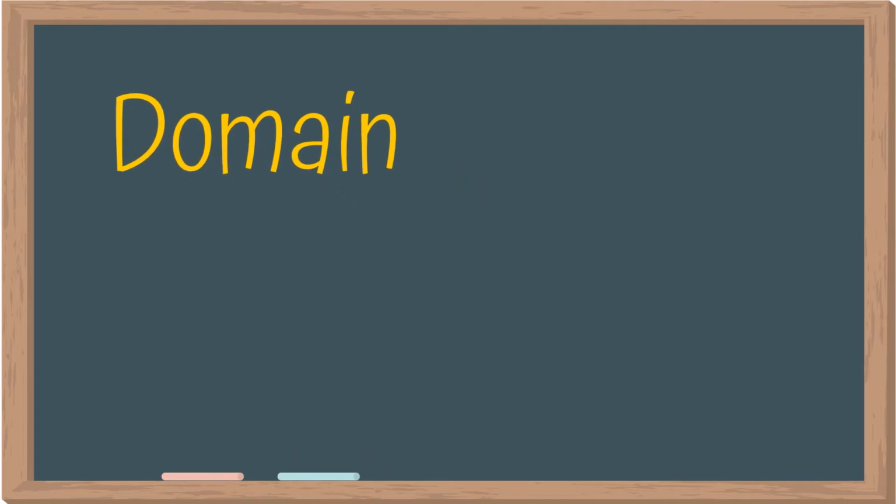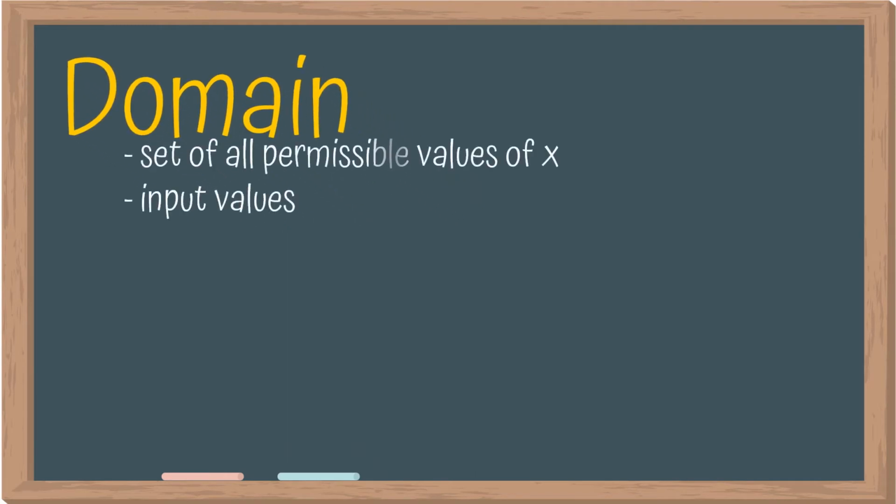So let us first define domain and range. When we say domain, this is the set of all permissible values of x. So when we say permissible, ano-ano lang ba ang pwede nating i-substitute na values sa ating functions? We know that only real numbers can be included in the domain to get the corresponding y values.